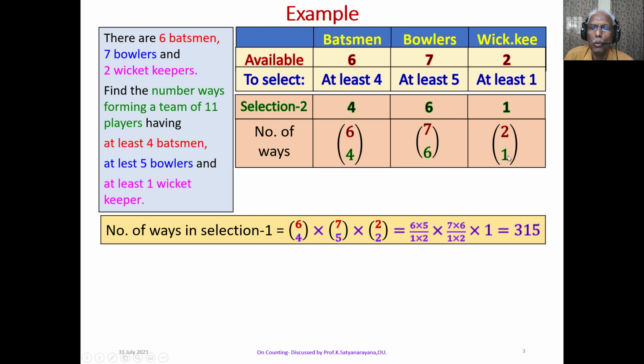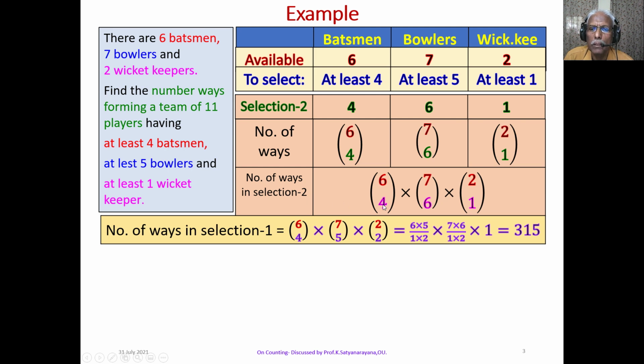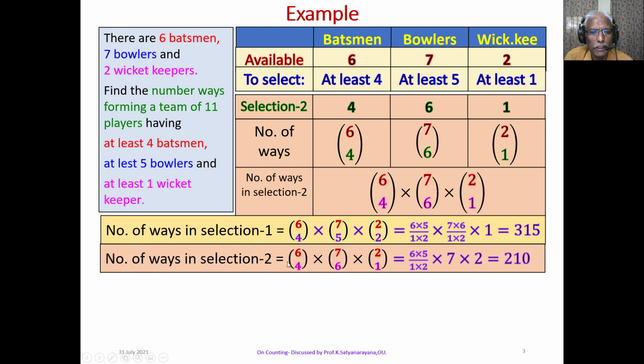And by product rule of counting, the total number of ways in selection 2 is 6C4 multiplied by 7C6 multiplied by 2C1. We'll compute that. 6C4 is 6C2, 6 into 5 by 1 into 2, 7C6 is 7, 2C1 is 2. Simplify, multiply them, we'll get the answer 210.